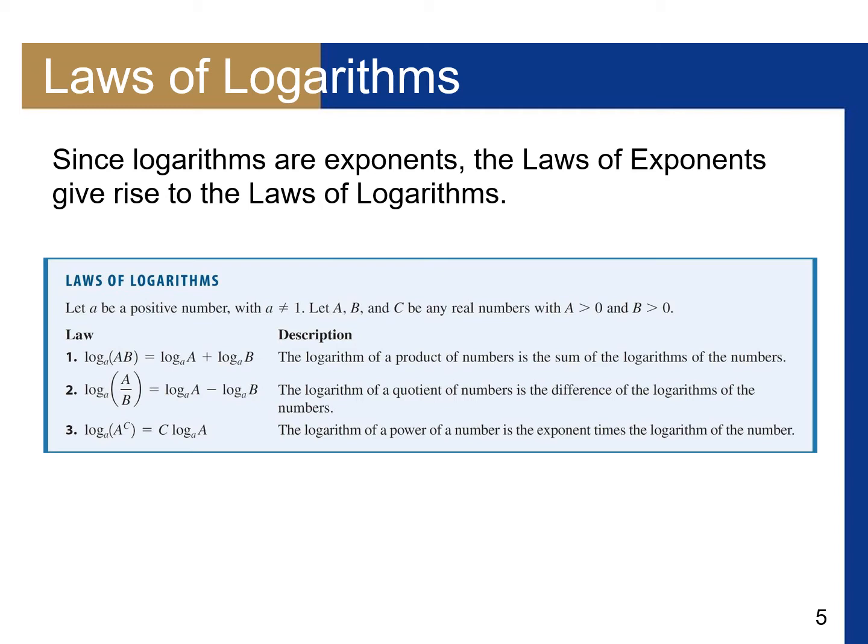And likewise, the division a over b is going to be the log base a of a minus the log base a of b. And the log base a of a to the c, you're going to bring that c down in front, and you're actually going to multiply the c times the exponent.